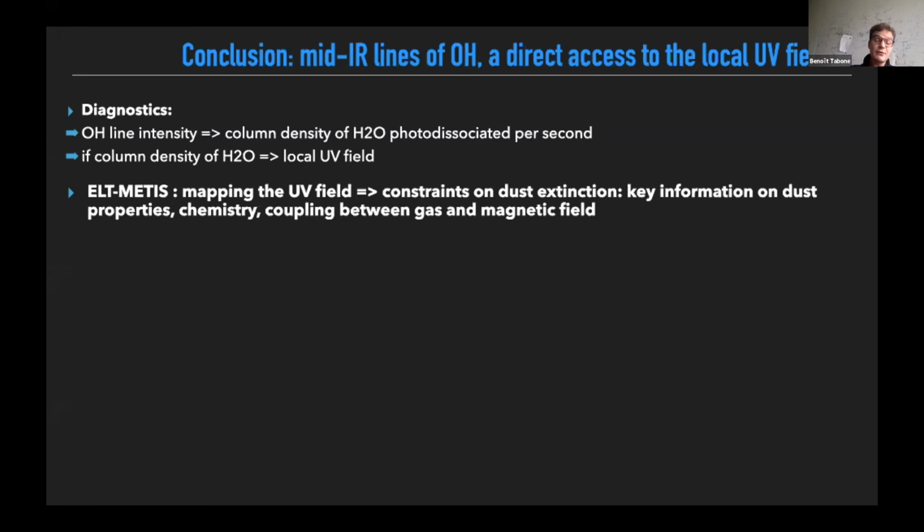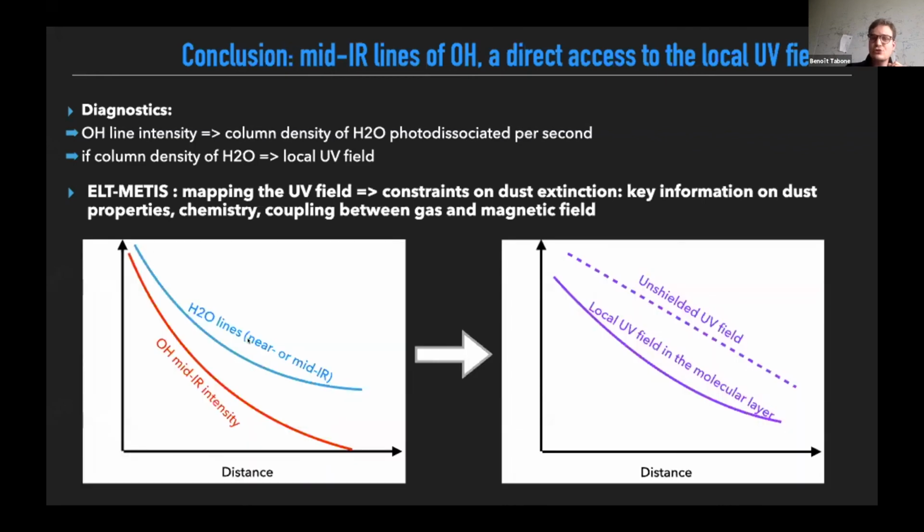And this is very promising with ELT-METIS, because we'll have access to the spatial distribution of the OH emission. So we will be able to measure the intensity of the mid-infrared lines as a function of distance, and maybe the water lines as a function of distance, either near- or mid-infrared lines.